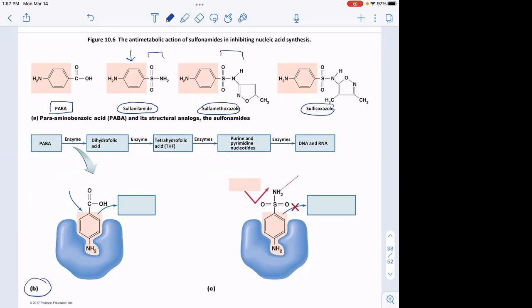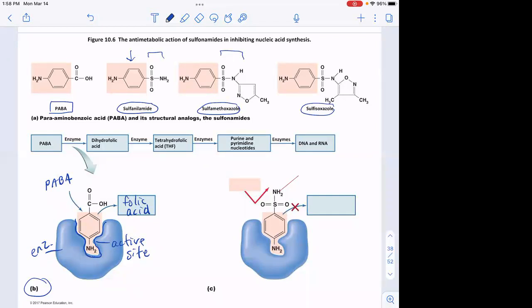Okay, so the reason that's important is because this diagram on the left is how folic acid is supposed to be synthesized. PABA binds here to the active sites of the enzyme, and then eventually what you end up with is folic acid. There's a few more steps in that process. And again, here's the active site of the enzyme, where that substrate binds.